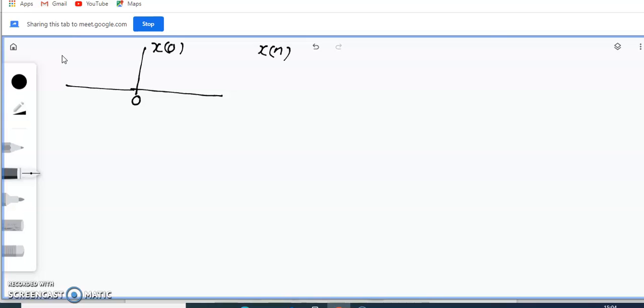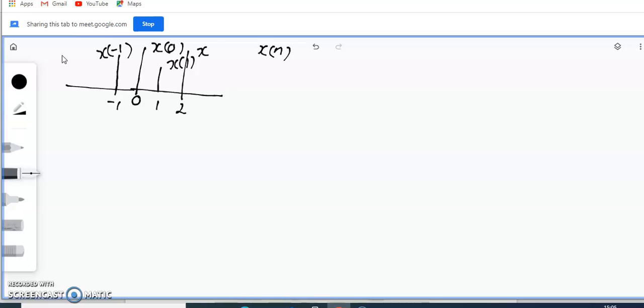Okay, so the signal is having a value x of 0, be it any value, it is having a value at time n is equal to 0, at the point n is equal to 0. At the point n is equal to 1 also it is having some value, and I am calling this x of 1. Okay, and at n is equal to minus 1 also it is having some value. I will call this x of minus 1. And at n is equal to 2 it is having some value.